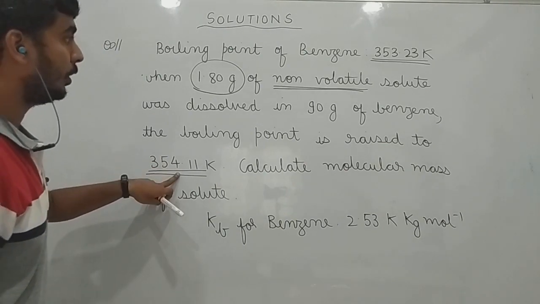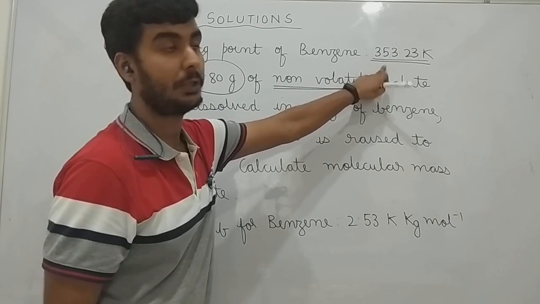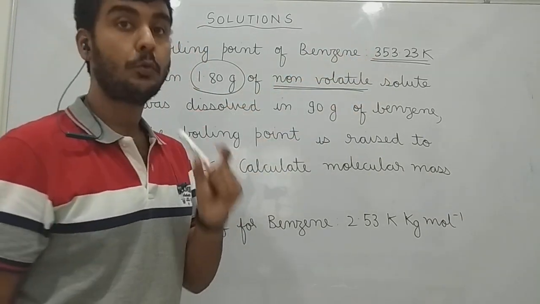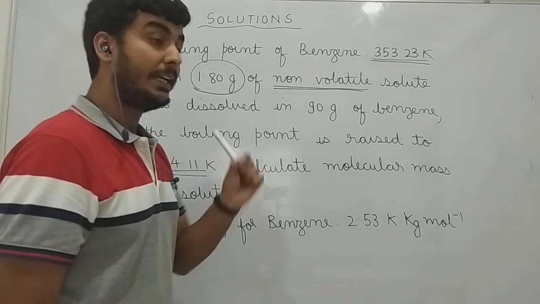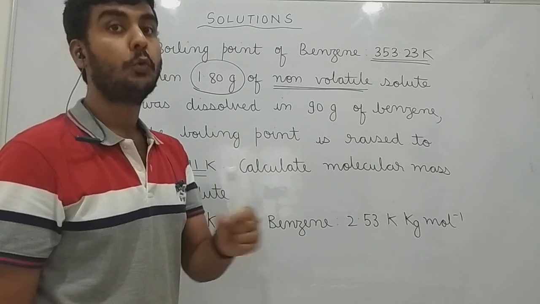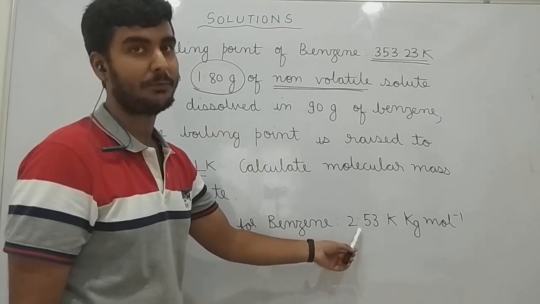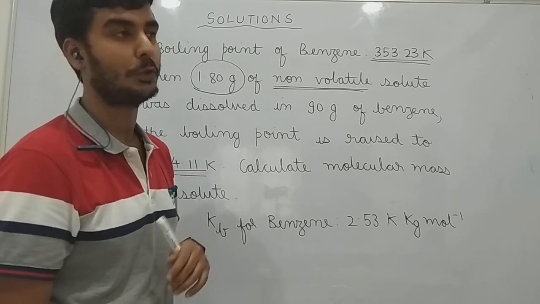You know the final boiling point, you know the initial boiling point, means boiling point of solvent and boiling point of solution. So this minus this will give you delta TB. Delta TB is equal to Kb into molality of the solution. Kb for benzene is given. Only you have to calculate molality of the solution.